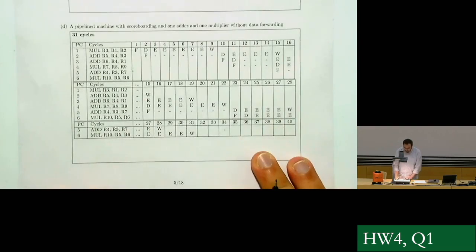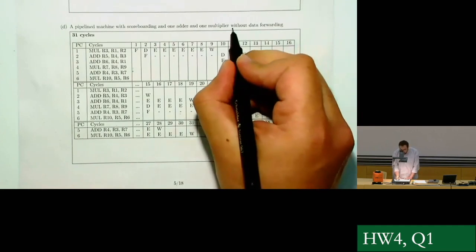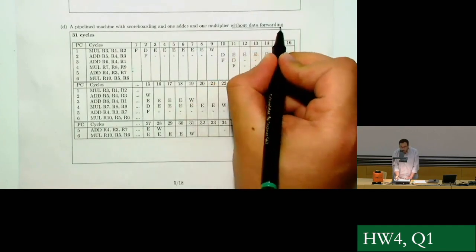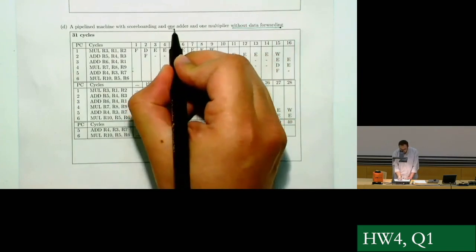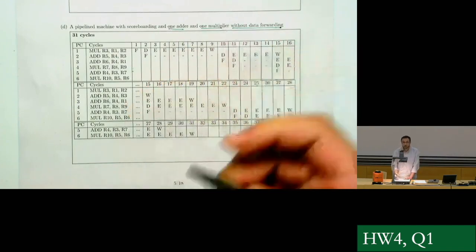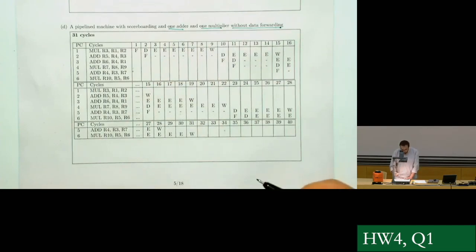In the third part, now we have a little bit more change. So this is like the first case. We do not have data forwarding, but this time we have 1 adder and 1 multiplier instead of 5 of them. So here, actually, another assumption comes.